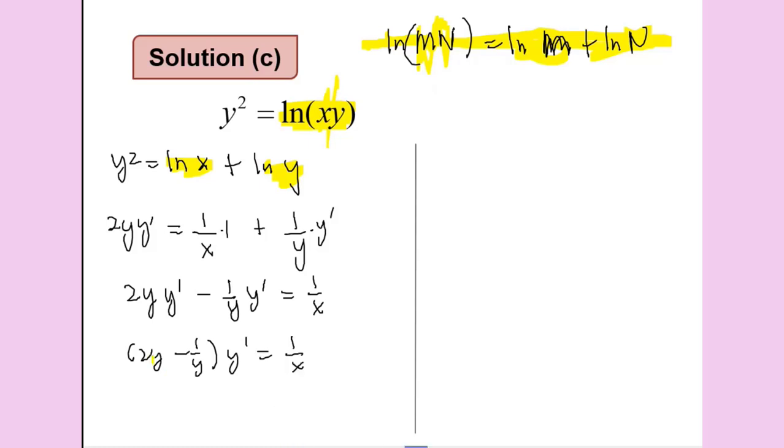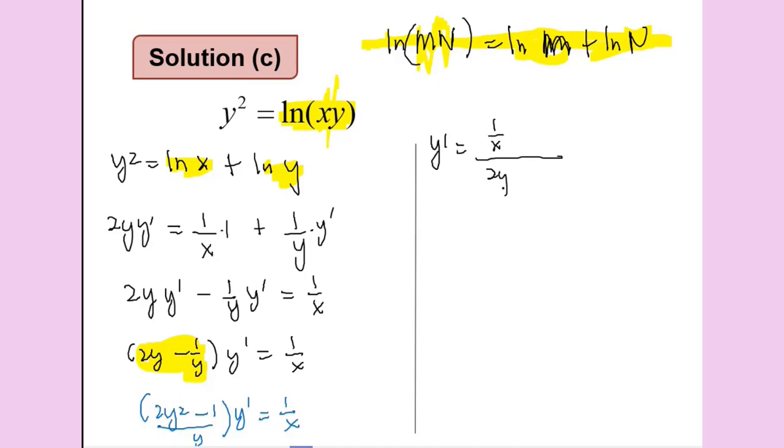This one, okay, equate the denominator. Senang, senang kerja kita. Okay, equate the denominator 2y squared minus 1 over y prime is equal to 1 over x. Then, okay, y prime is equal to 1 over x over 2y squared minus 1 over y.